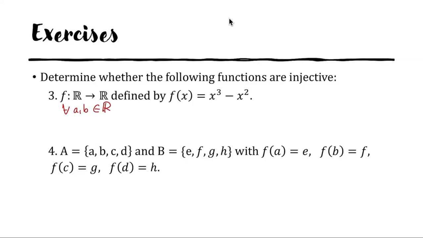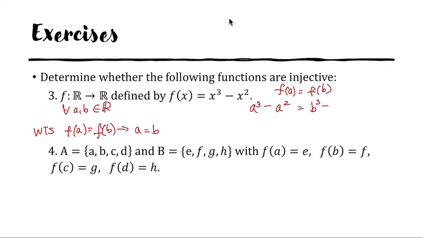we want to show that if f(a) equals f(b), then we can imply a equals b. So we will start with f(a) equals f(b), and then we will substitute it. Then we'll have a cubed minus a squared is equal to b cubed minus b squared. Then what can we do here? If you look at the left hand side, you have a cubed and a squared, right?